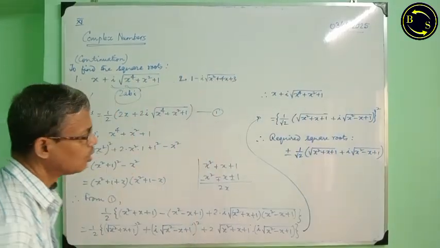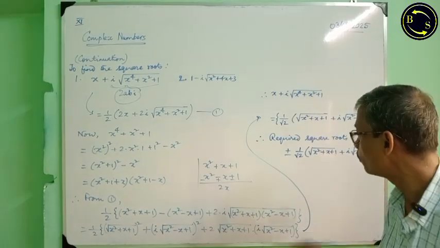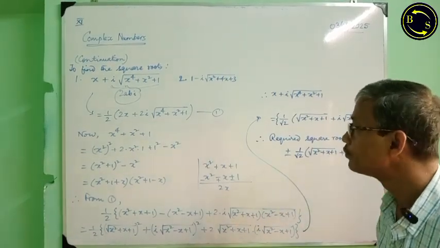This is the square root, or these are the square roots. Since plus minus symbols are there, therefore two values are there.